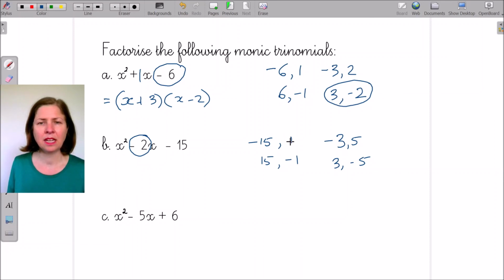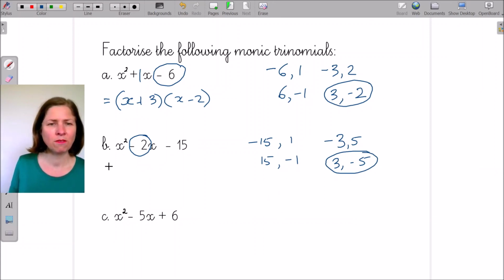So this adds up to negative 14, this adds up to positive 14, this adds up to positive 2, and my last, it's always the last one, isn't it? My last one adds up to negative 2. So I've got x plus 3 times x minus 5.